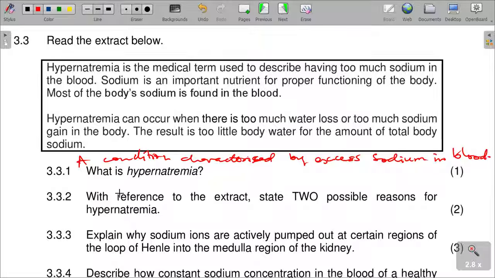That is the condition. With reference to the extract, state two possible reasons for this. According to this, it is caused by too much water loss.